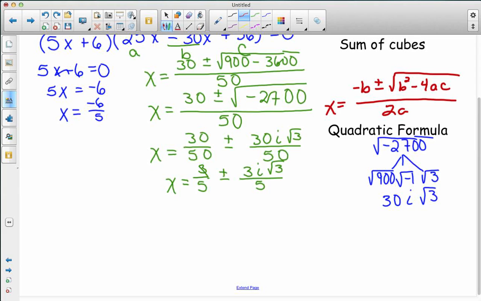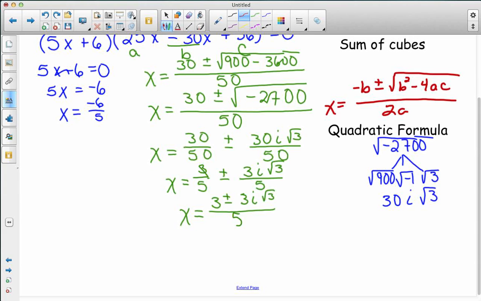Now, if I wanted to combine this again, I can because I have common denominators. So I could rewrite this so that it's a little bit simpler to look at. That's 3 plus or minus 3i times the square root of 3 all over 5.